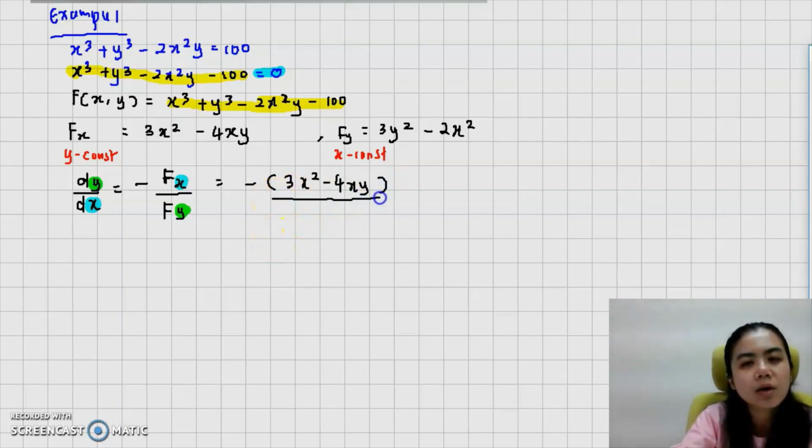And down here we have 3y squared minus 2x squared. Again, you can multiply the minus inside: minus 3 here, and multiplying here you will have positive 4. So we will try to write the positive first: positive 4xy, followed by minus 3x squared.